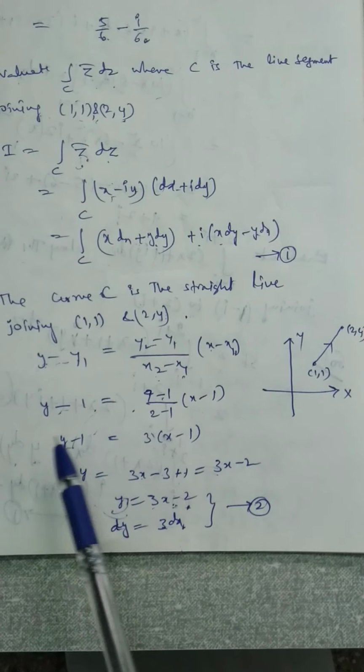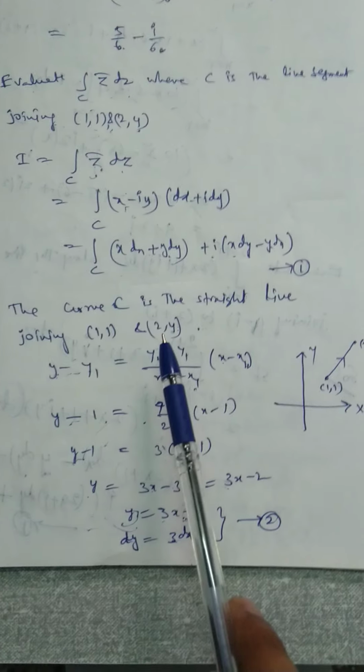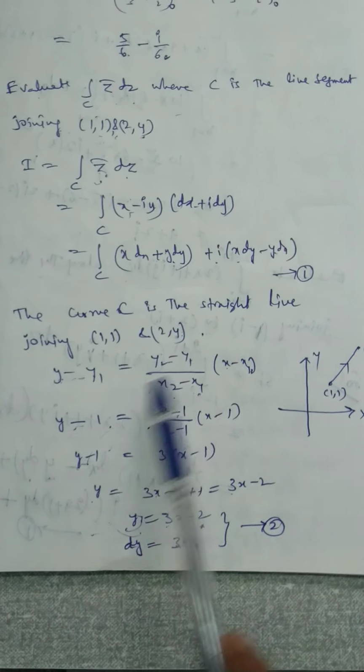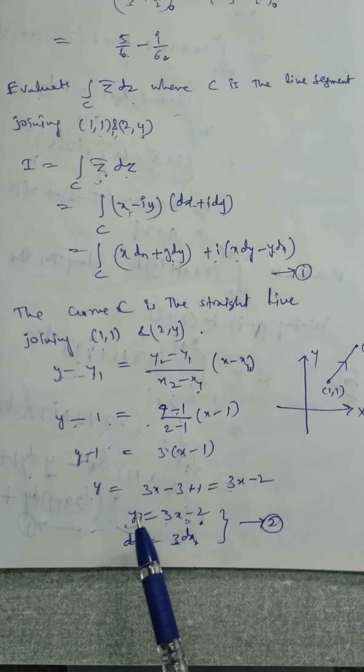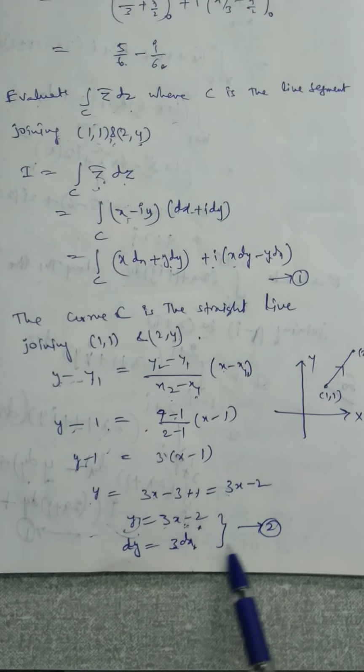We find the equation of the line by substituting x1, y1 as 1 comma 1 and x2, y2 as 2 comma 4 in this formula. The value of y comes out to be 3x minus 2 and the derivative of y becomes 3 times dx.